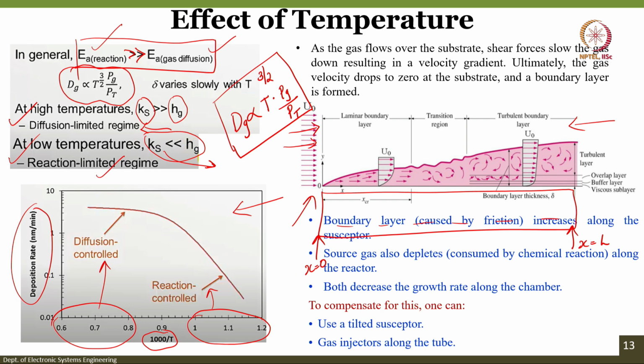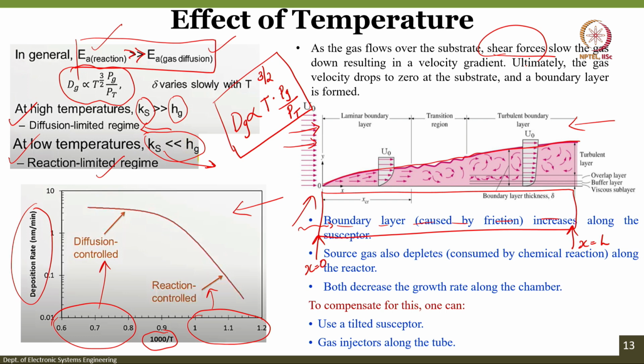Whenever the precursor molecule flows above your wafer surface, similar to a friction mechanism, you have shear forces that reduce the velocity of the gas molecules. As the gas molecules travel along your substrate surface throughout the length of the chamber, a velocity gradient exists due to these shear forces.